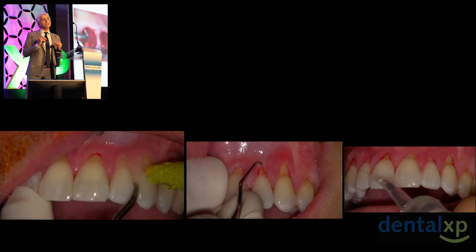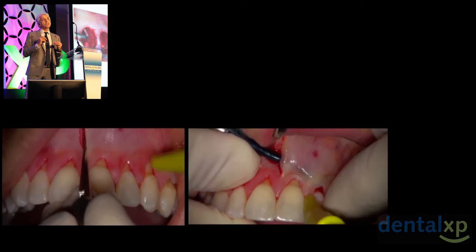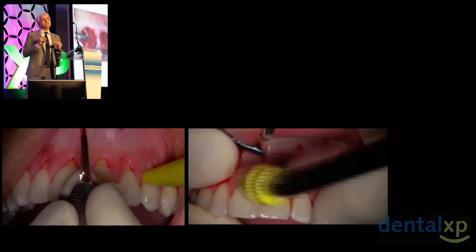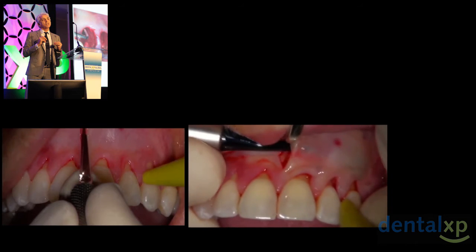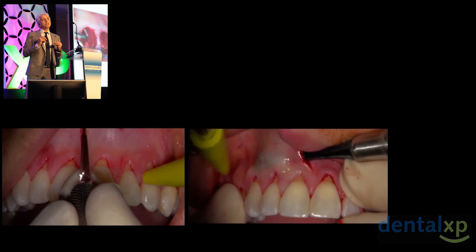EDTA treatment of the roots for conditioning, then vestibular incision in the midline, subperiosteal tunnel using the Vista instruments that you could see that you can track them through the tissue.